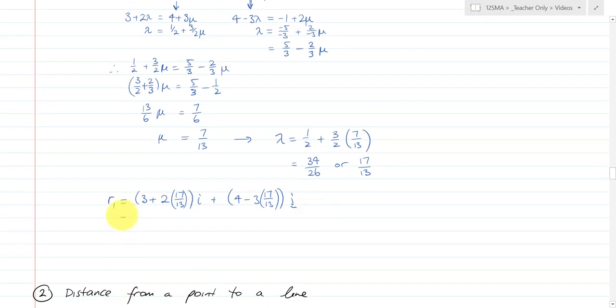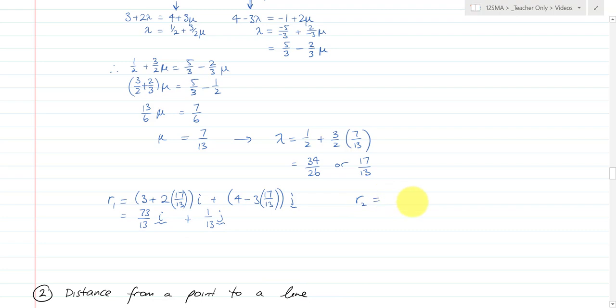If we evaluate those, I get 3 plus 34/13, and 3 is 39/13, and 34 plus 39 is 73/13 i. And then 4 minus 51/13, well, 4 is 52/13, so that gives me 1/13 j.